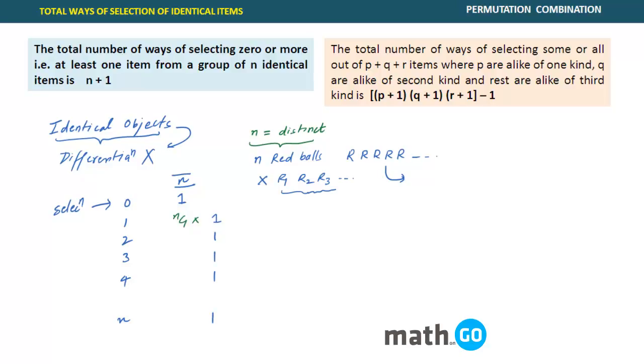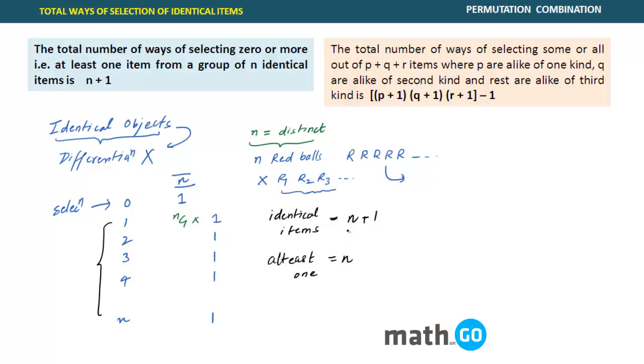So the total number of ways of selection in case of identical items becomes what? n. Again wrong. If I talk about total selection, including 0, it will be n plus 1. And if I say at least 1, then yes, the answer would be n.